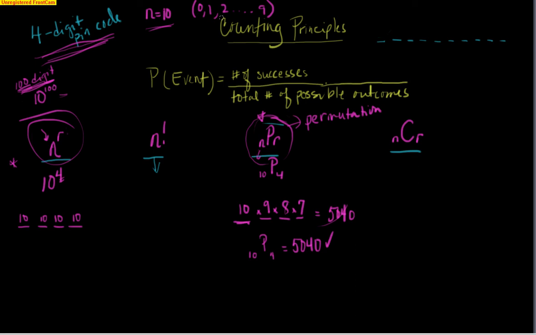I've only got 10 digits to choose from, so really the question is, how many ways can I arrange these 10 digits? I can arrange them 10 factorial ways, which is 10 times 9 times 8 times 7 times 6 times 5. I'm not going to write it all out. But again, there is a factorial button on your calculator.